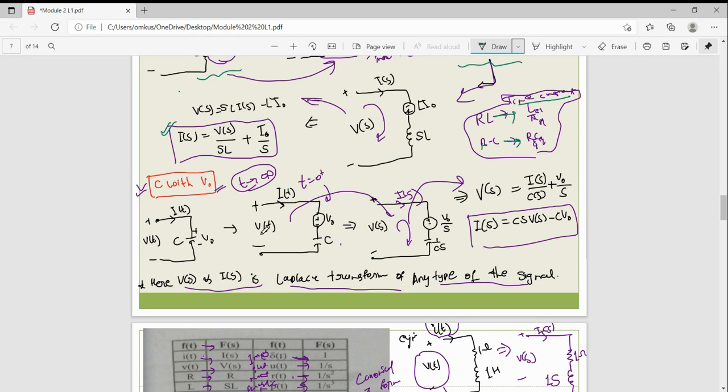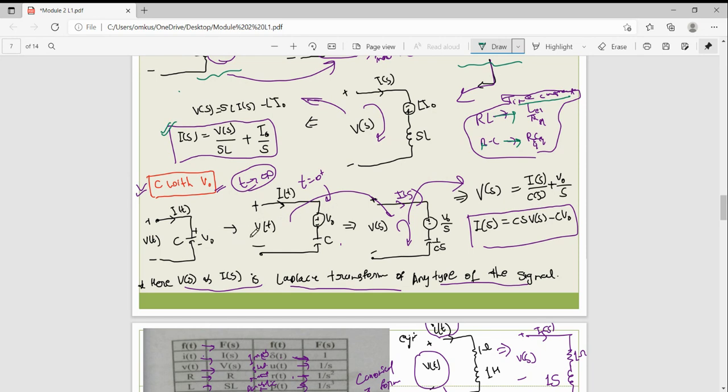But when you see this circuit in the Laplace domain, whenever this capacitor gets discharged, or there is a key or switch present in this circuit and the position of that switch is changed, then how that capacitor behaves in that circuit we will see here.